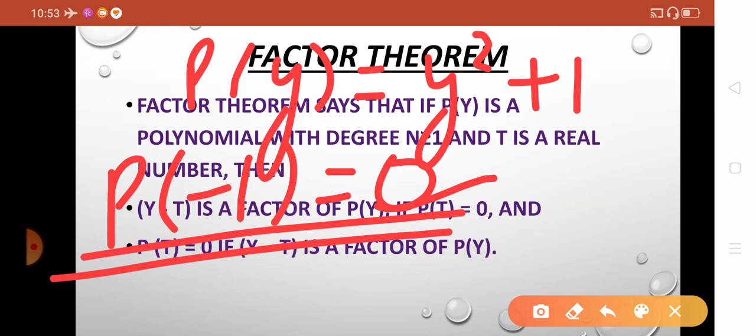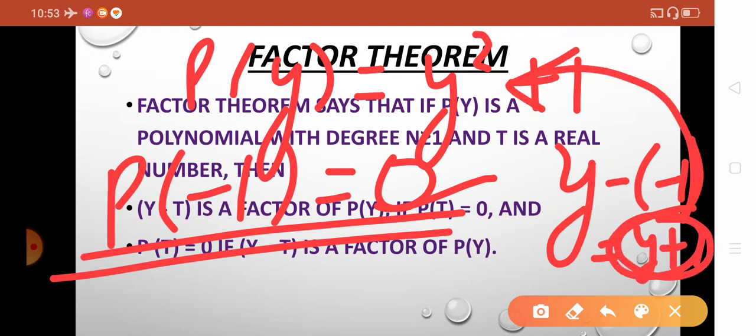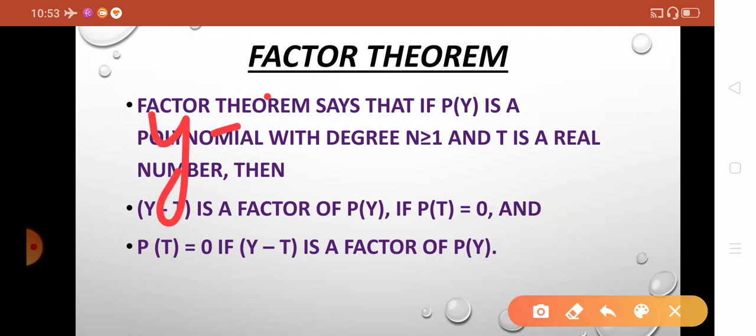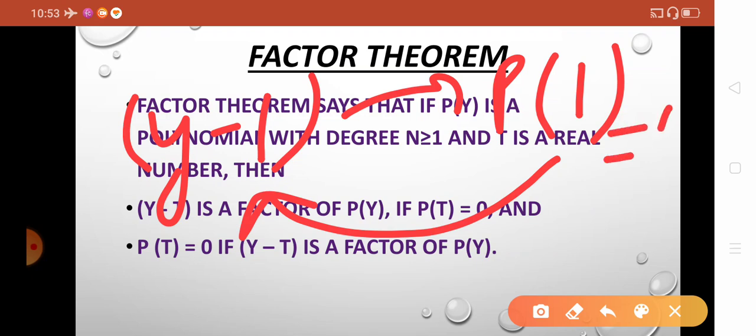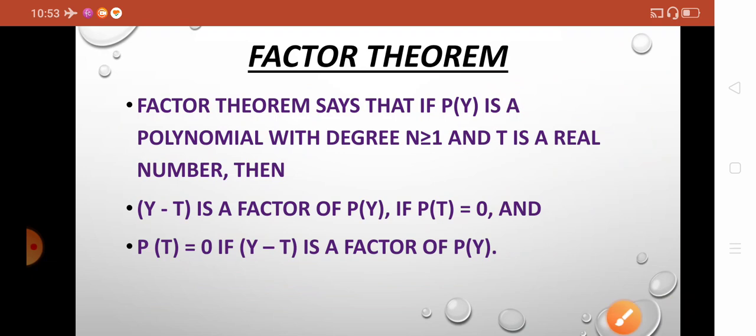So we can say that y minus (minus 1), that is y plus 1, is a factor of the given polynomial. So both these are true: if y minus 1 is a factor, then p(1) is equal to 0, and if p(1) is equal to 0, then y minus 1 is a factor. Both these are true, and we will use this in solving our problems related to factorization of polynomials.